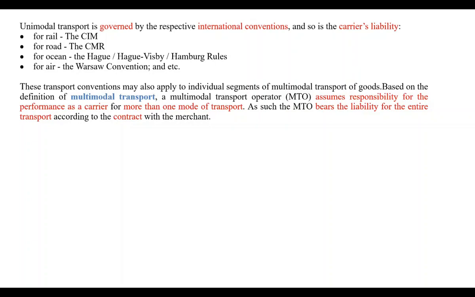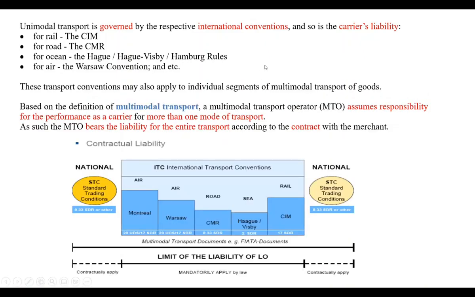So this takes us to the end of the liability insurance topic, and we shall look at the other topics later on. Thank you.